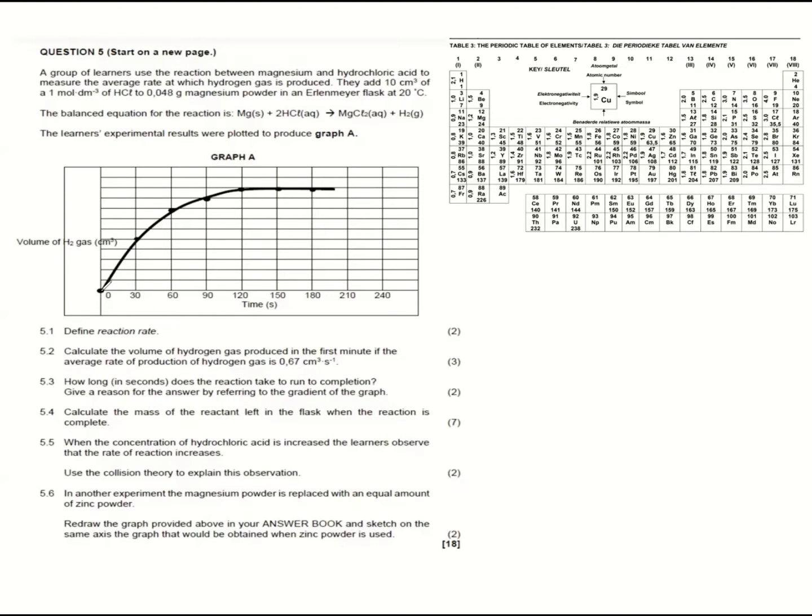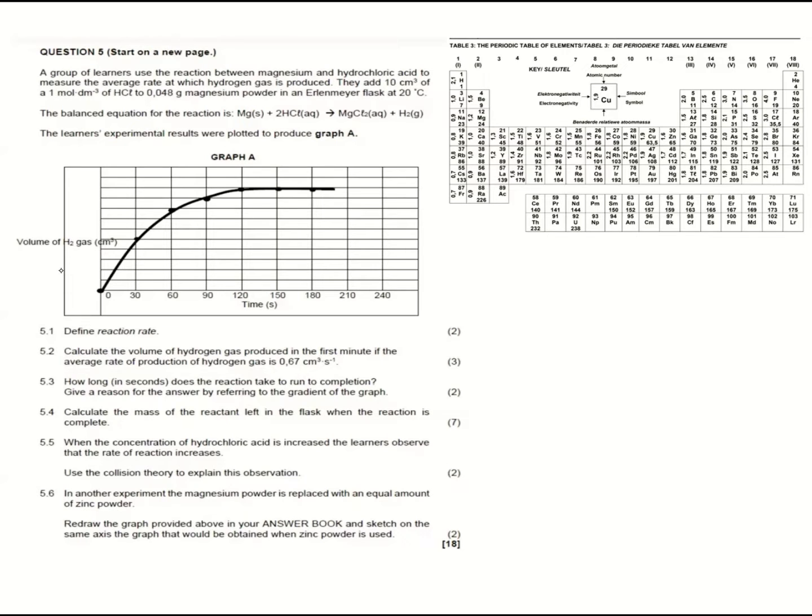Now we can see that our graph is increasing sharply from 0 to let's say 30 seconds. Then the reaction rate starts to decrease all the way up until it gets to 120 seconds. After 120 seconds, our graph becomes horizontal.